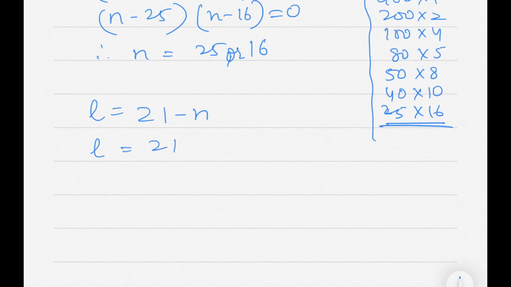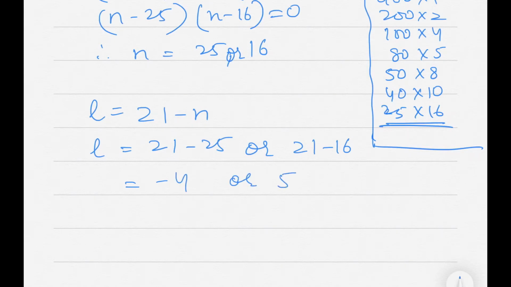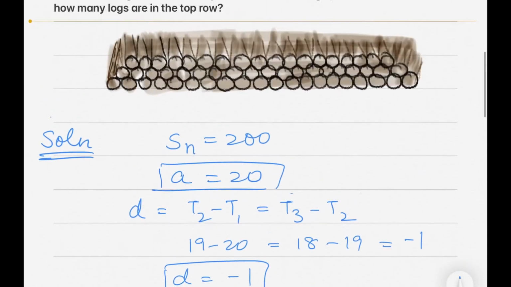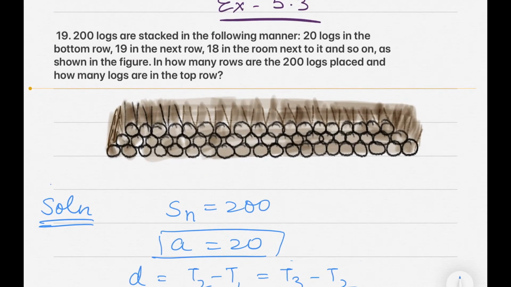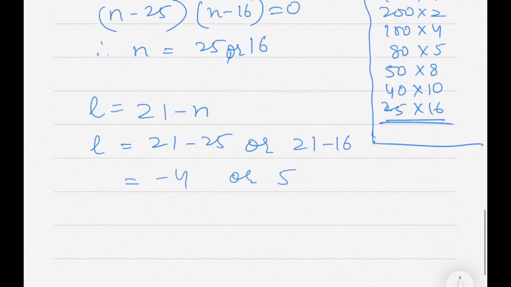So L is equal to either 21 minus 25 or 21 minus 16. I see here that for n equal to 25 the last term is negative. The last term can't be negative because here they said number of logs. How can I put a negative number of logs on the top? So my answer would automatically become 5.